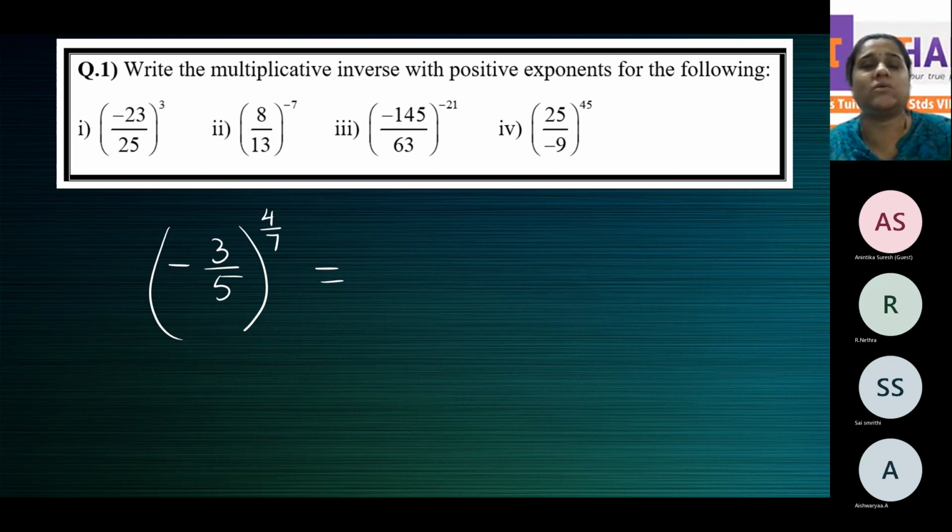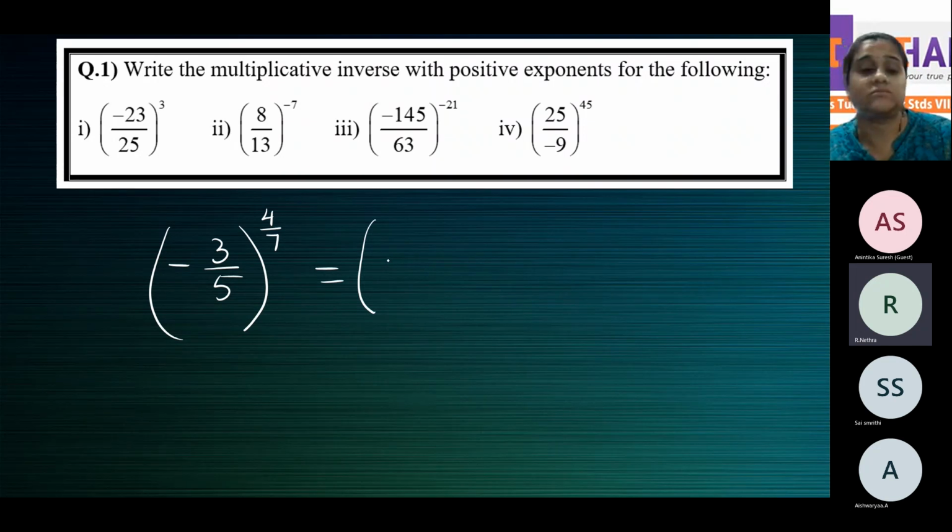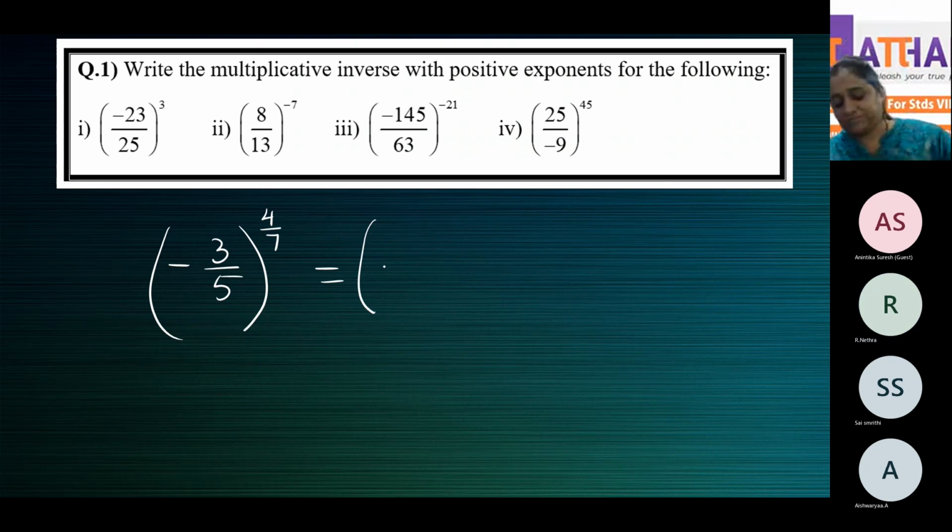What is the reciprocal? Okay, now let me ask Netra. What's the reciprocal of the base, Netra? Ma'am, a reciprocal of the base is negative. What is the reciprocal? No. Anantika, what's the reciprocal of the base?